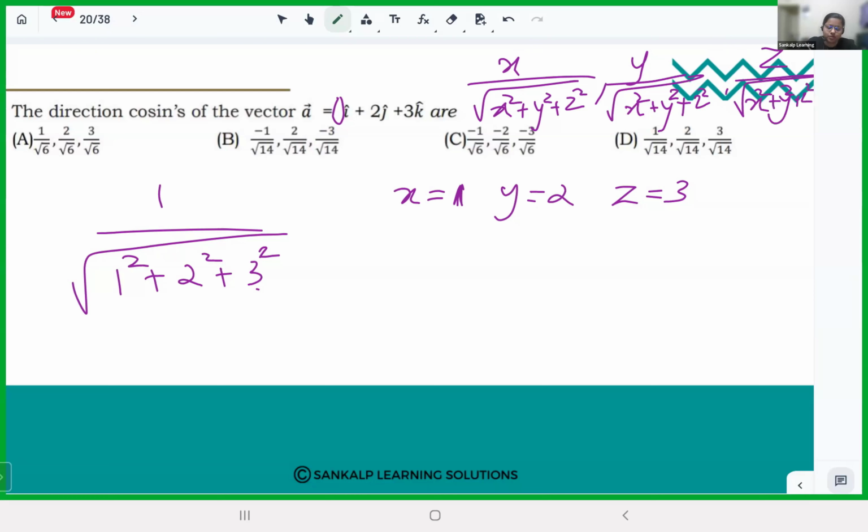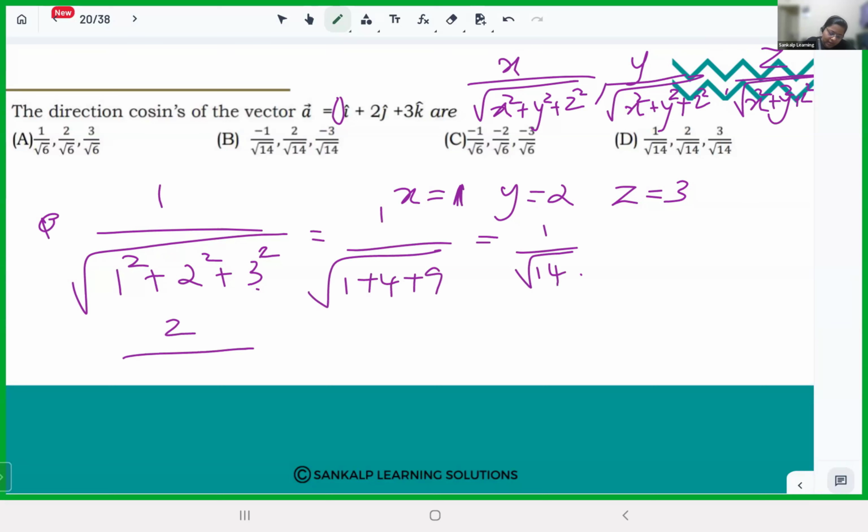These are the direction cosines. So first one will be 1 by root of 1 square plus 2 square plus 3 square. That is equal to 1 by root of 1 plus 4 plus 9, isn't it? So this is equal to 1 by root 14. Now, the second component is y equal to 2, right?